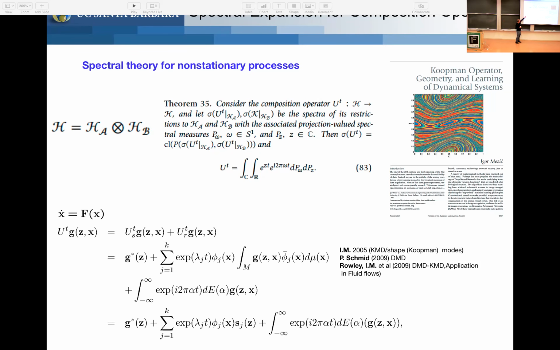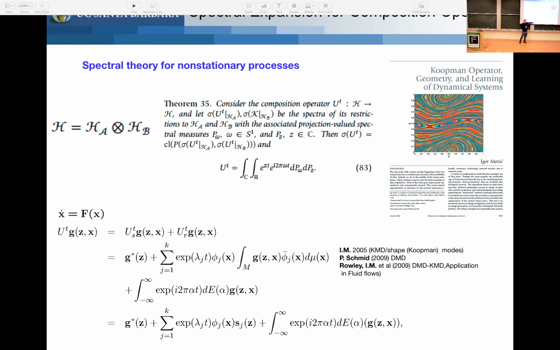G is my vector of observables. X lives in the state space like before. Z, you can think of as an indexing set. Let's say in a fluid flow, Z could be the 3 spatial coordinates, Z1, Z2, Z3. So G is a function of space and state space, and you can expand it into its time average that I already mentioned, a sum that depends on eigenvalues, lambda j's.